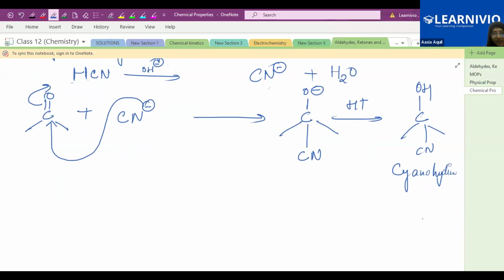So the reaction is very easy. If you only need to write the reaction product in the exam, there is no need to write the mechanism.